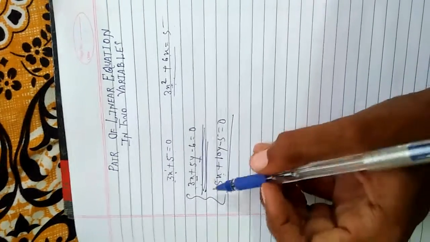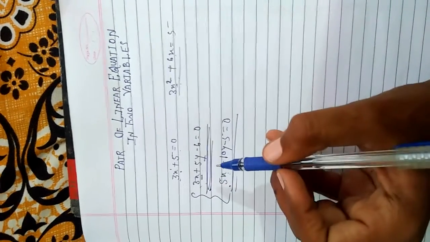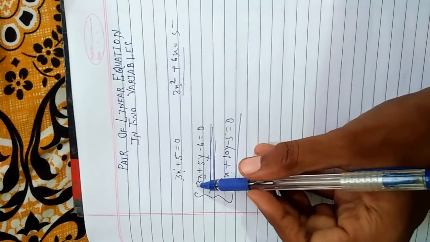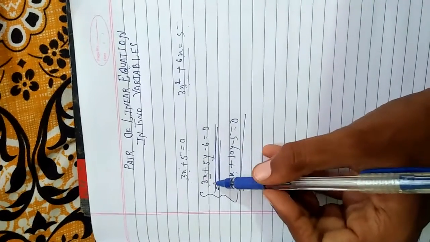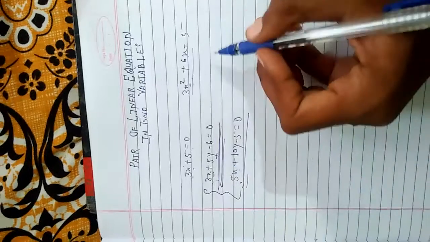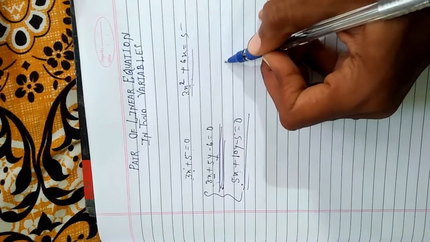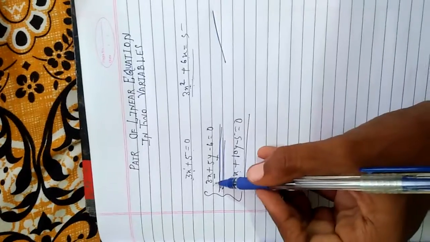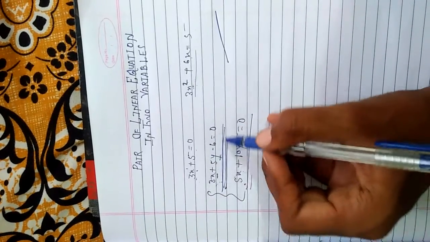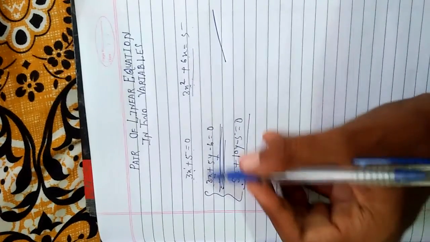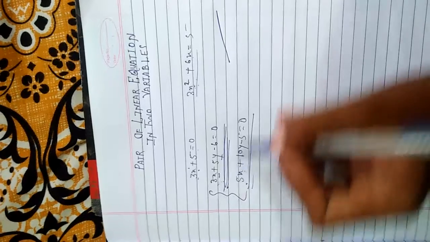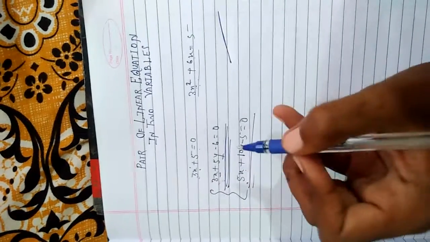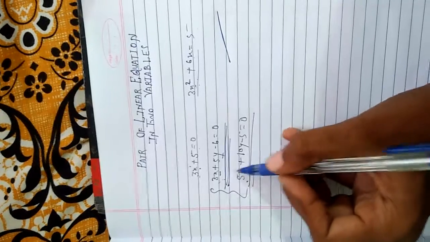One more important thing: if you want a graphical representation of any linear equation, you will always get a line. Since here we have two linear equations, we will get two lines.